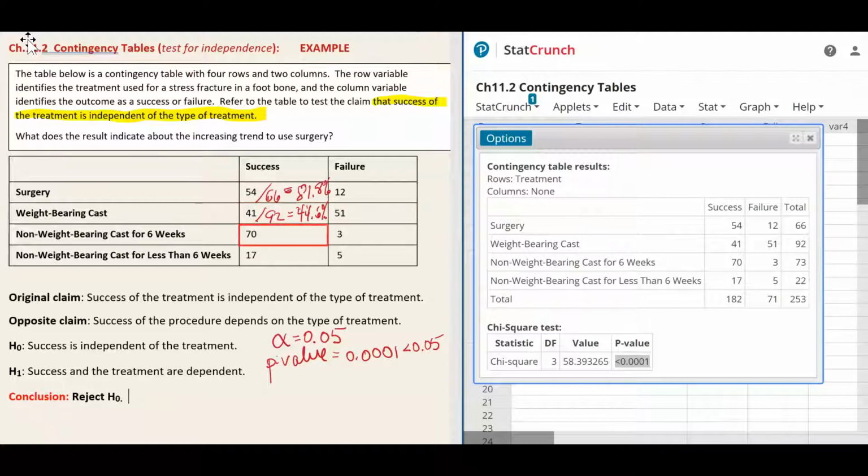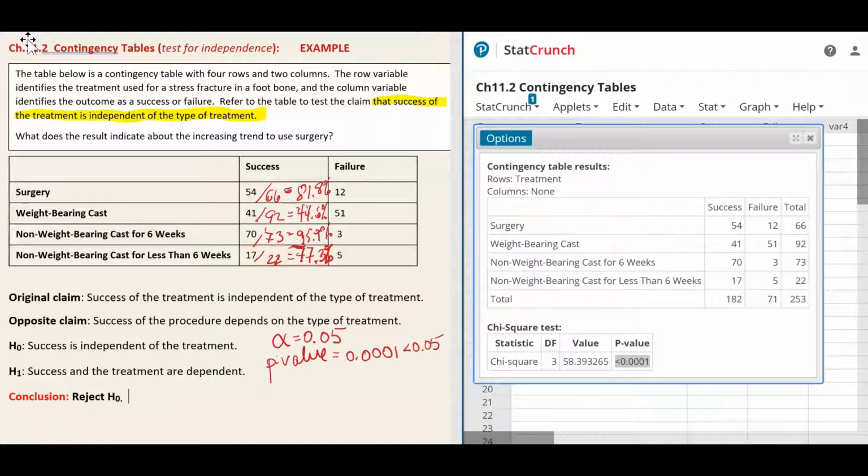The success rate in non-weight-bearing cast for 6 weeks is 70 divided by 73 times 100, 85.9%. And the last category, non-weight-bearing cast for less than 6 weeks, 17 divided by 22 times 100 is equal to 77.3%.